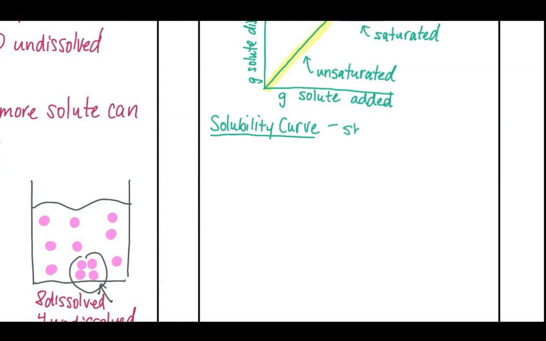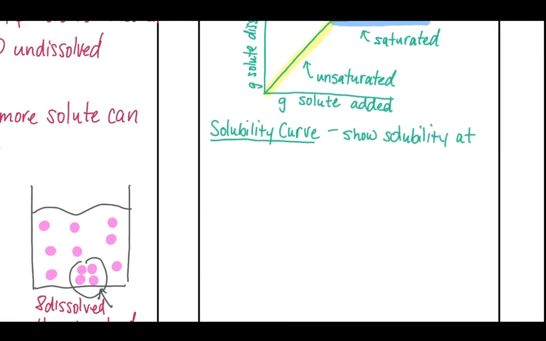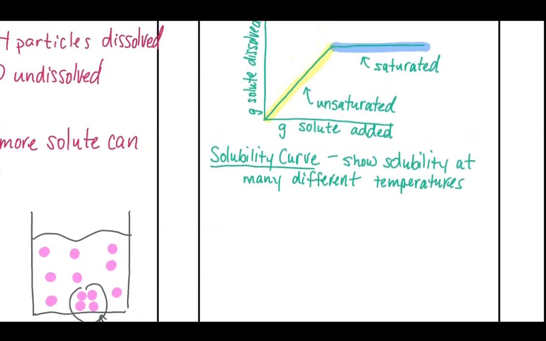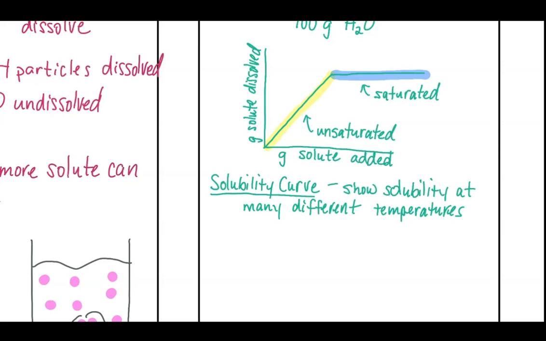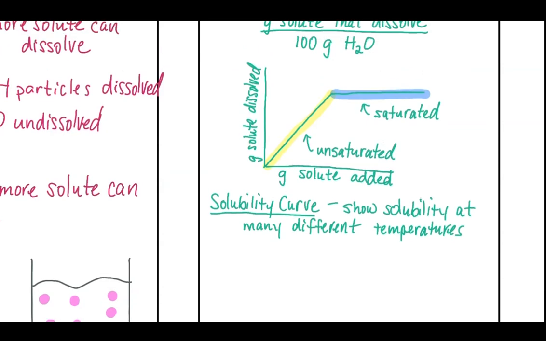This is going to show solubility at many different temperatures. Okay, they often show more than one substance as well. Okay, whereas this graph that I've drawn so far, that's just going to be one substance at one specific temperature.